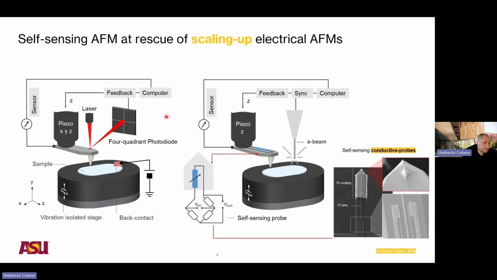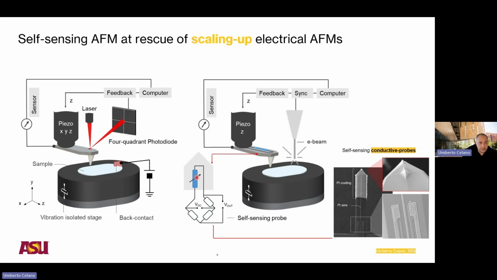On the left, you have the very basic implementation of a normal optically detected AFM system, with your four-quadrant photodiode, your laser reflected on the backside, and of course, your sample plus the incredibly costly back contact, I would argue at this point, since you understand the back contact is limiting me from using this technique inline.